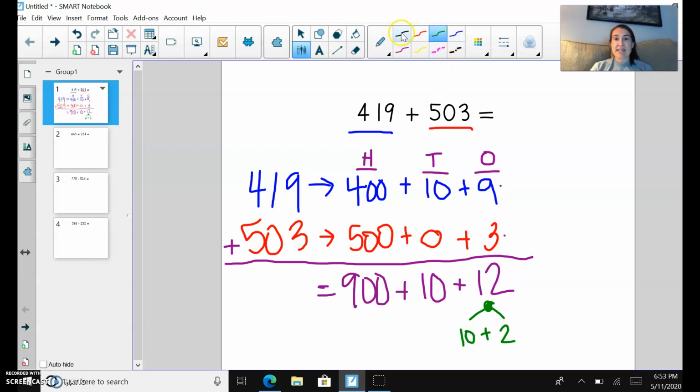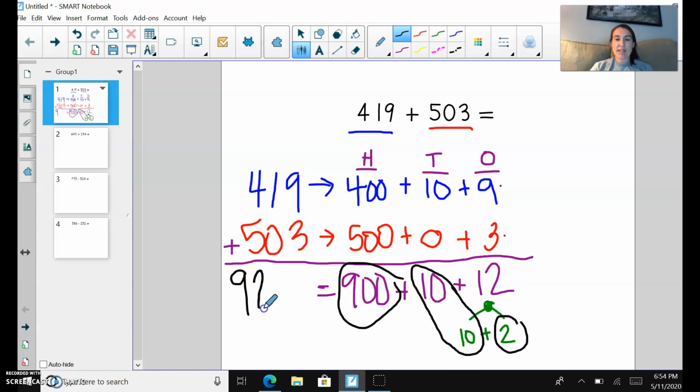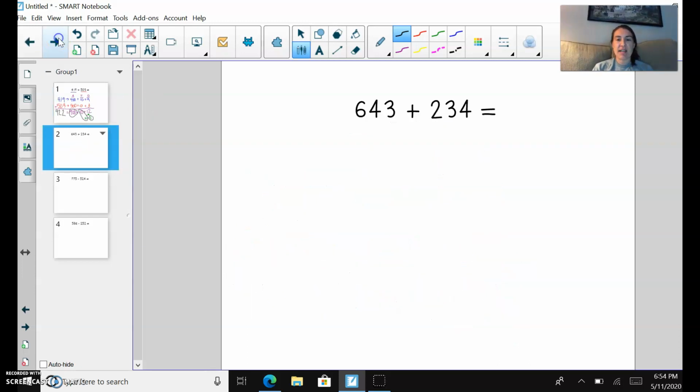So if we're adding this, we're actually thinking 2 plus 20 plus 900. So that's going to be 900 plus 20 plus 2. Oh no! See, everybody makes mistakes, even teachers. So the answer you should get for the first one is 922.